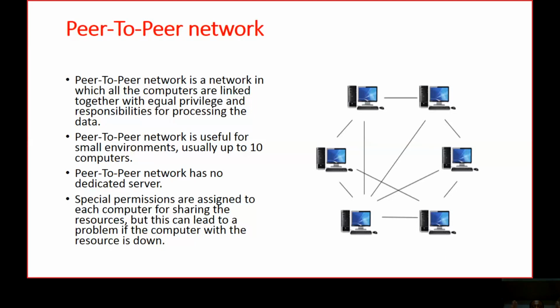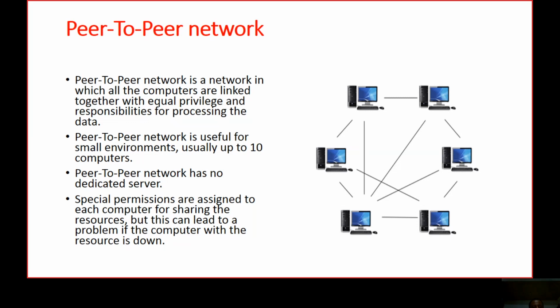They all have the same responsibilities. It's useful for small environments, usually up to 10 computers. And peer-to-peer network has no dedicated server. There is no server between them. They just share the information because of their shared responsibilities. There is no need to use a server.